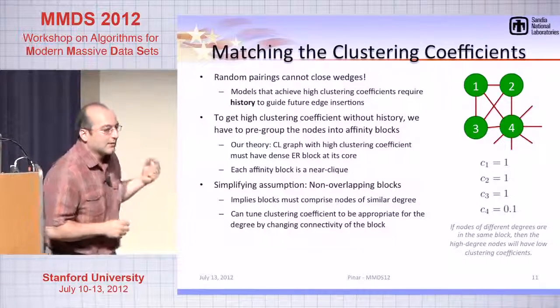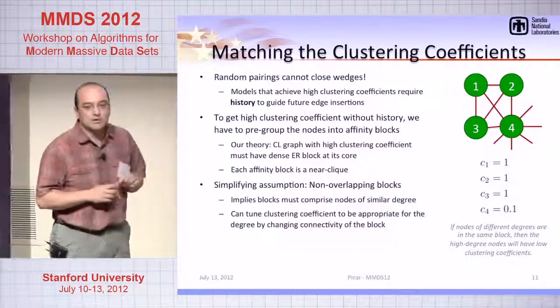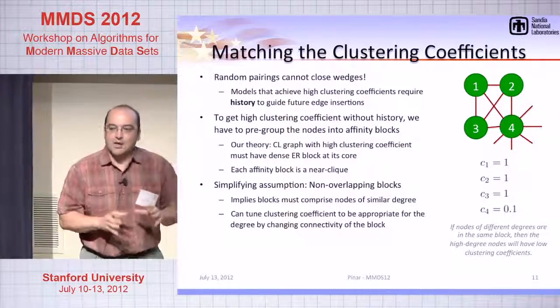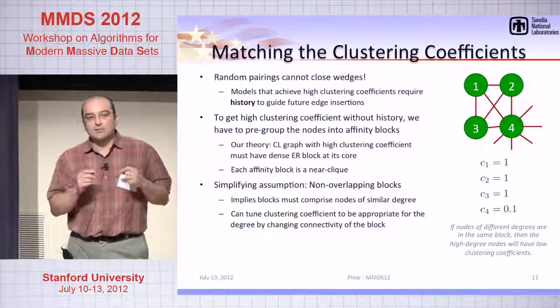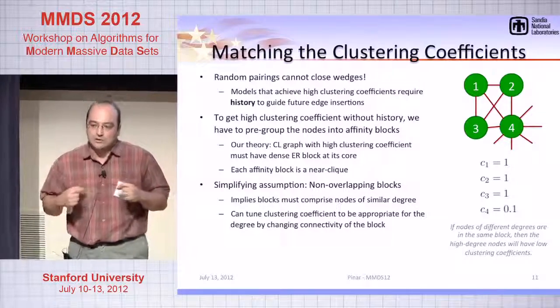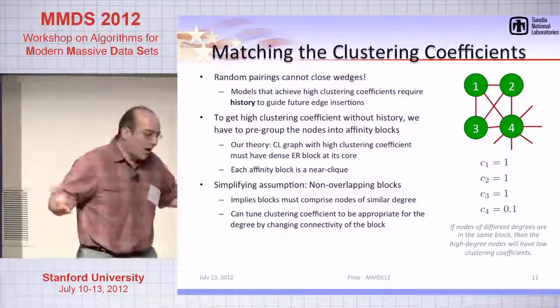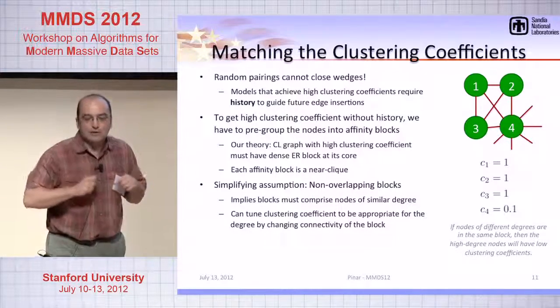The second thing is the choice of these blocks: we know there should be blocks, but what should we put in them? Our claim is that these vertices should be close in degree, and think about it. Everybody wants high clustering coefficients, and I'm the cool guy with 1,000 friends, and there's another person with degree 10.